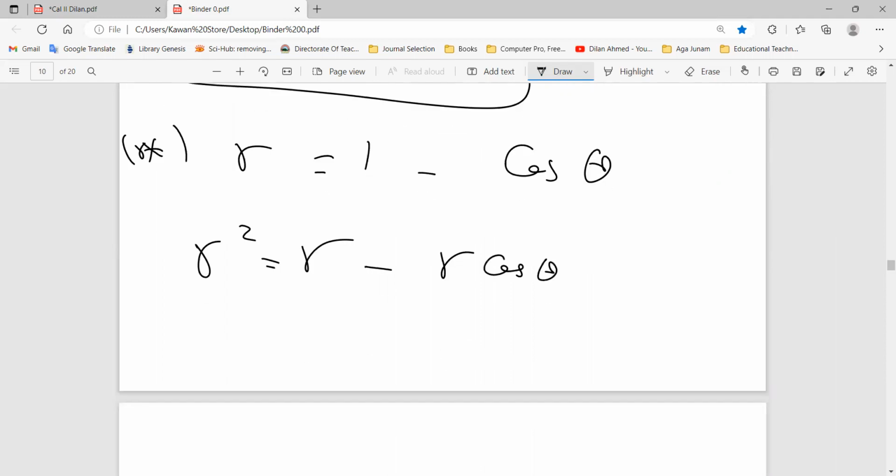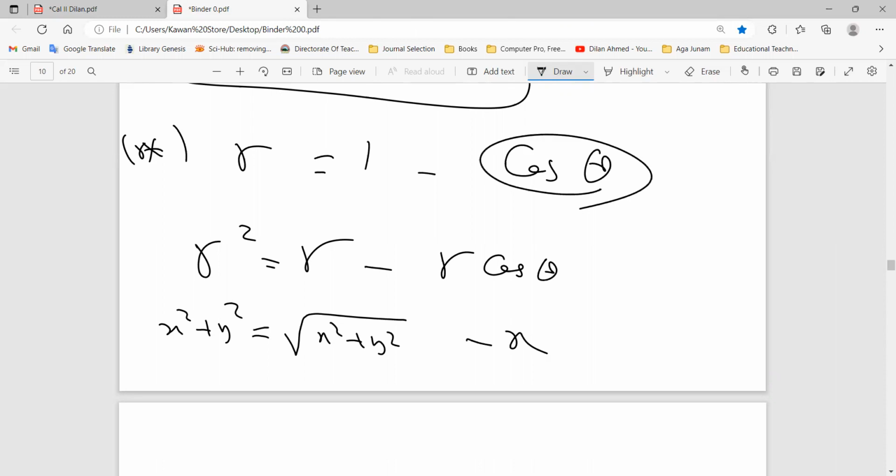So r squared equals r cosine theta. Otherwise, we cannot answer that one. There is no key to answer because we don't have anything for cosine theta. Cosine theta is equal to what? We don't know. So now every r, change it to x or y.